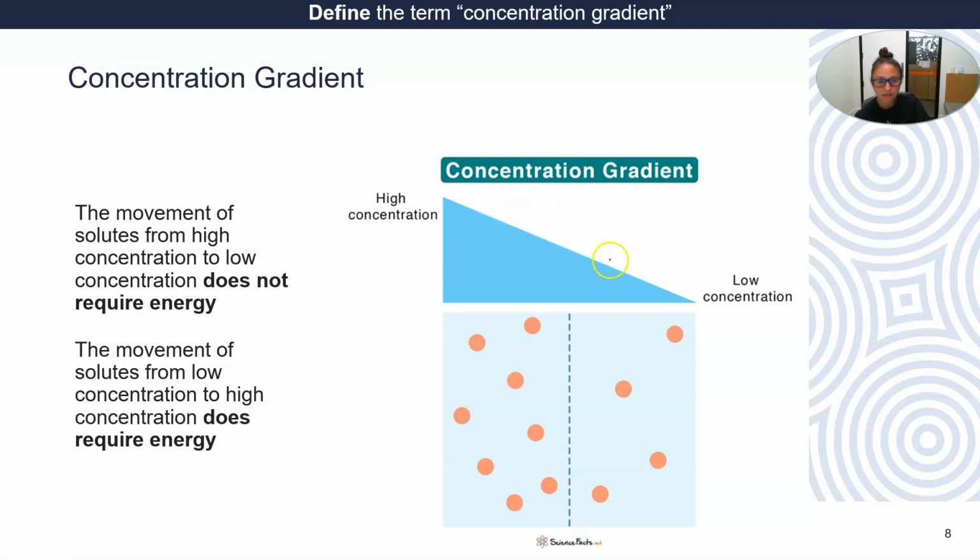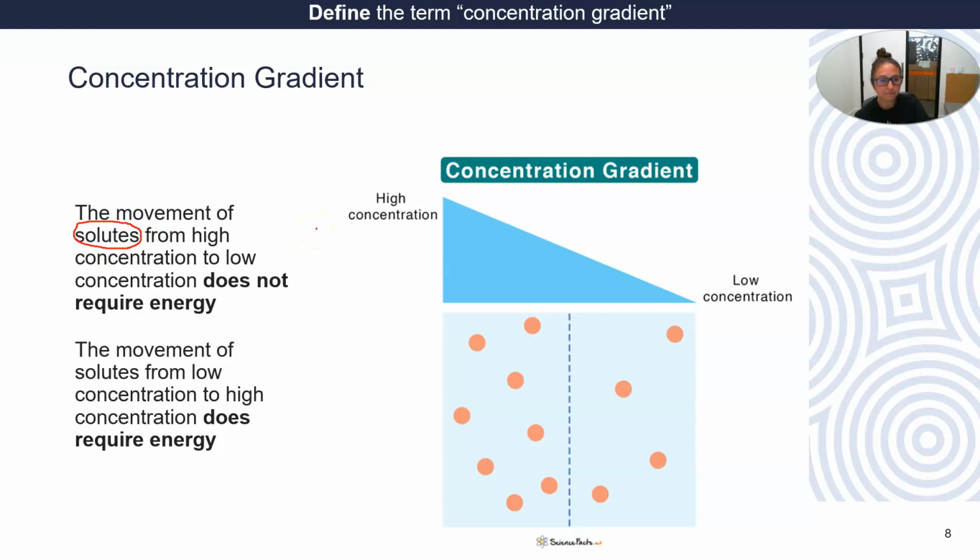If we have lots of stuff on one end and not a lot of stuff on the other end, we set up a gradient. We set up a slope. Now, usually when we talk about gradients, we're talking about solutes. So remember what solutes were?